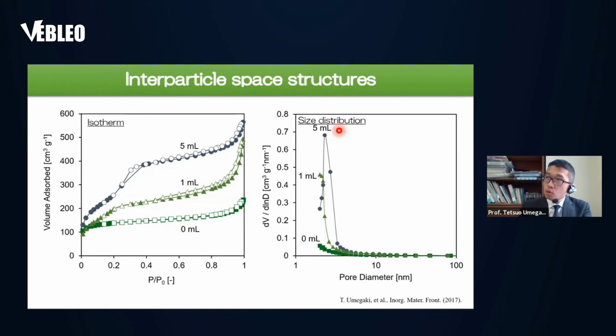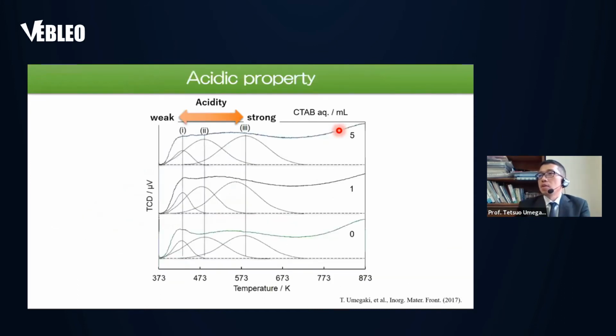indicate that the well-ordered interparticle spaces and morphological homogeneity increased by adding a CTAB solution. We also analyzed their ammonia TPD profiles to identify the dependence of their acidic properties on interparticle space structures.